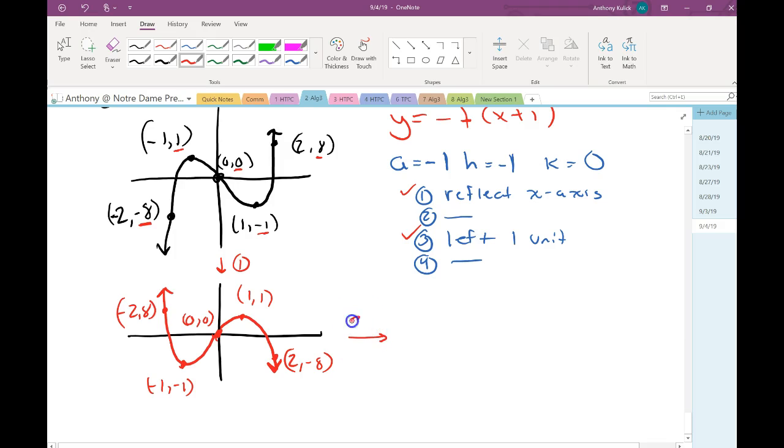Now I'm going to do transformation 3, which says left 1 unit. So how is negative 2, 8 going to change if I move it left 1 unit? It would be negative 3, 8. Everybody agree with that? So all of the x coordinates are going to subtract 1, and the y's are going to stay the same.